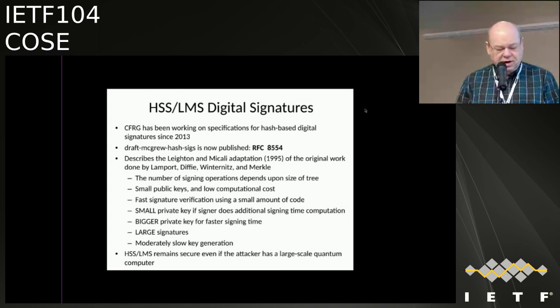That's a computational memory size trade-off, right? But the signatures, however, are quite large. And key generation is rather slow. But of course, that's only done by the signer. One of the things that makes this attractive is that they are quantum safe signatures. So even if a quantum computer comes to pass, these signatures stand.